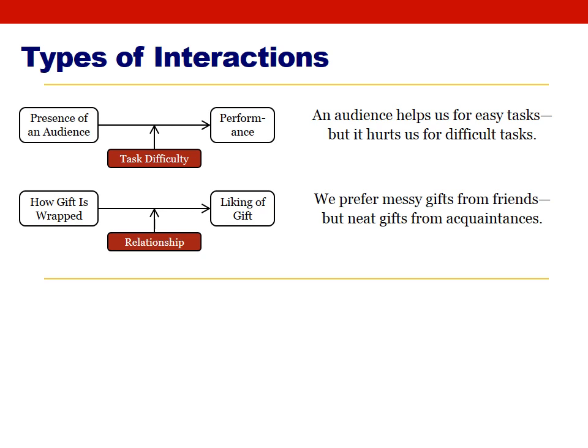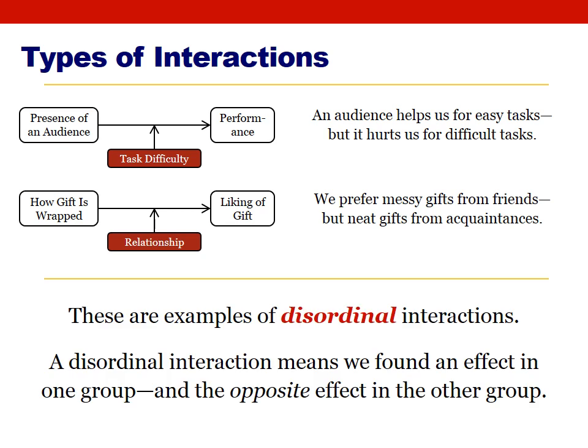For friends, we liked sloppy wrapped gifts better, but for acquaintances, we liked neat gifts better. These are examples of what we would call disordinal interactions. So, on the last slide, an ordinal interaction means we found an effect in one group, but no effect in the other group. In contrast, a disordinal interaction means we found an effect in one group and the opposite effect in the other group.